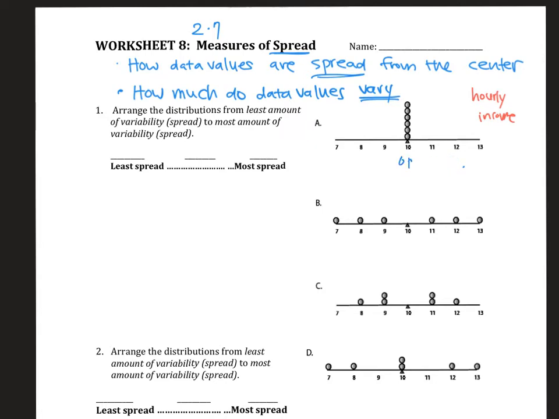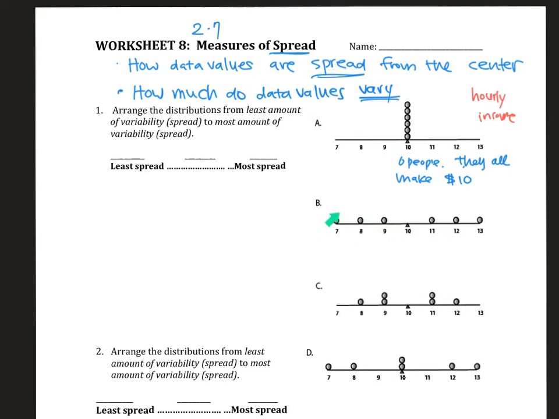They all make $10 an hour. If I were to look at example B, again, example B has 6 people, 1, 2, 3, 4, 5, 6 people.